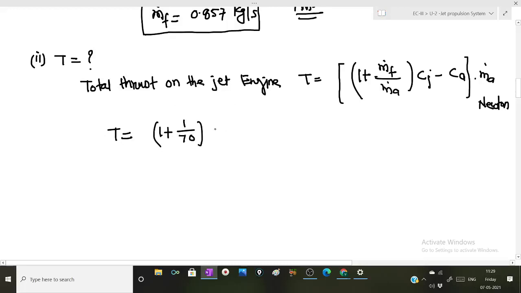1 over 70. Cj is 651. Ca is 277.78. The entire term will be multiplied by mass flow rate of air, that is 60 kg per second. So unit will be Newton.